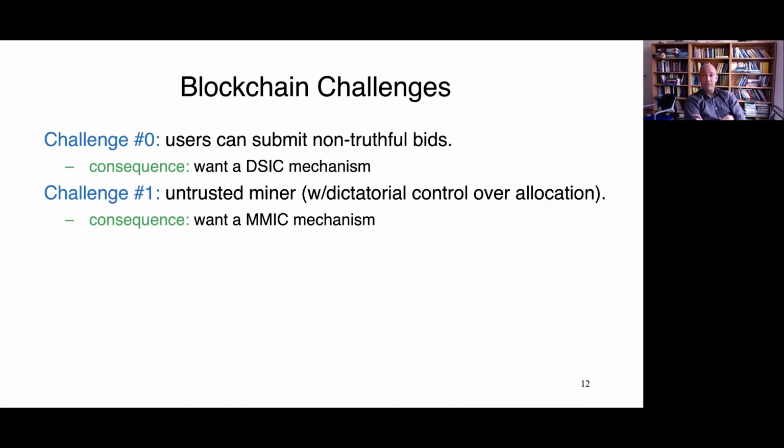It can fill this block however it wants, all right? So we're going to want another incentive compatibility constraint, basically stating that miners should be properly motivated to carry out the intended allocation rule. So carrying out the intended allocation should actually be profit maximizing for miners. That will be encoded in what I'm going to call the MMIC condition, which I'll show you on the next slide.